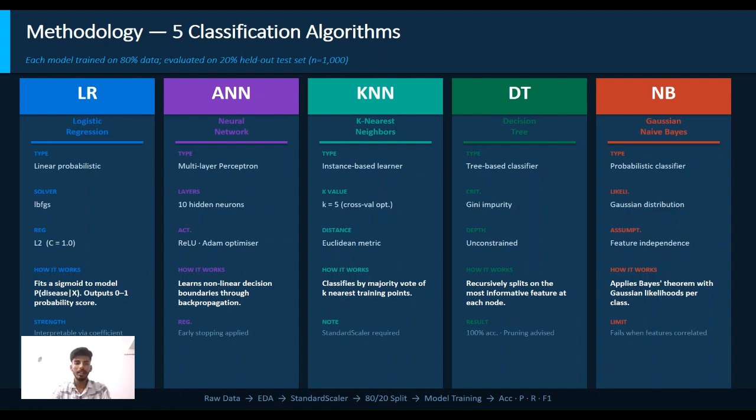One is logistic regression, another is artificial neural network, another is k nearest neighbors, another is decision tree, and the last one is Gaussian Naive Bayes. Before training, I applied data pre-processing techniques such as scaling to improve model performance. Each model was evaluated using accuracy, precision, recall, and F1 score.